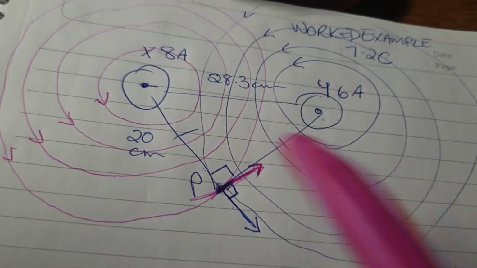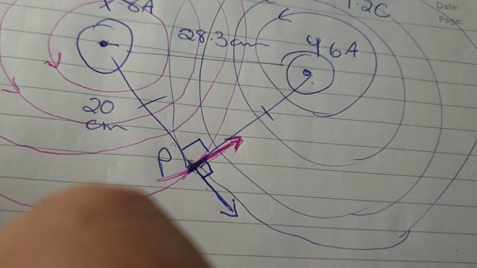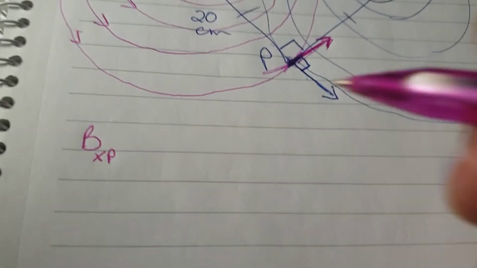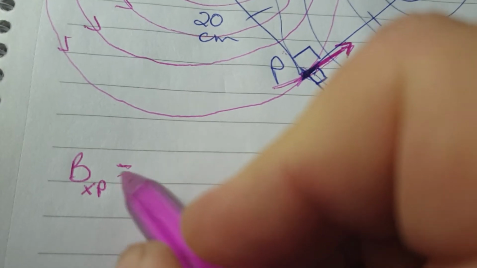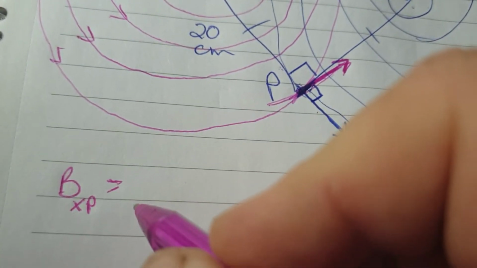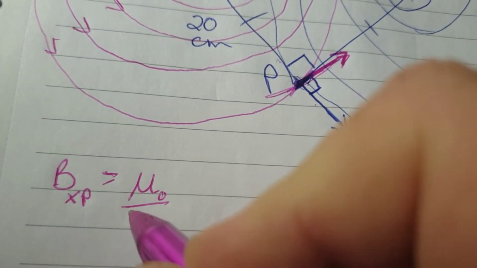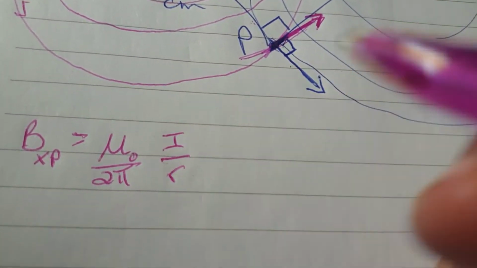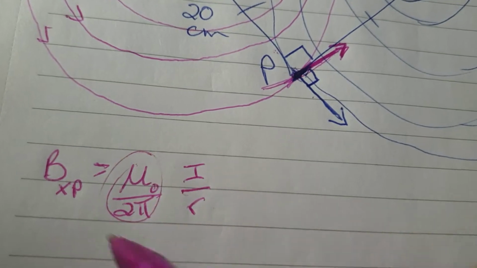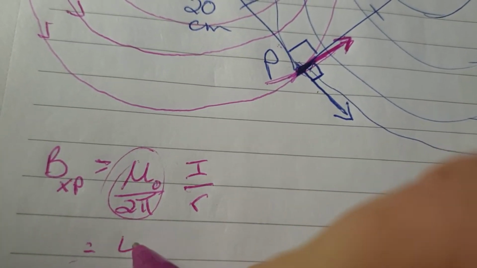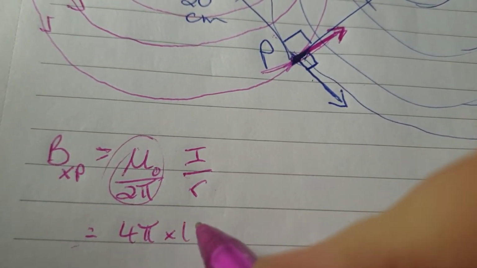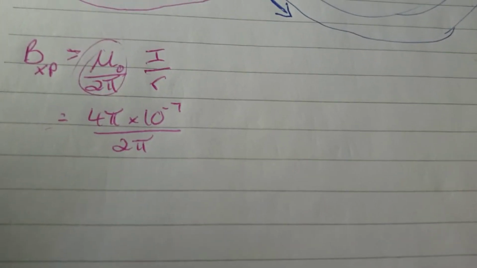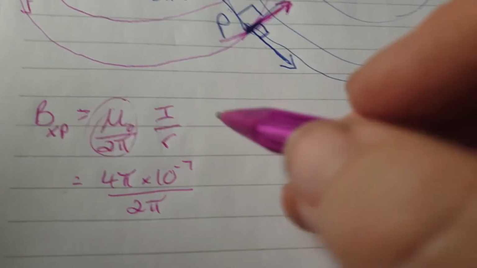So if we look at the magnetic field of X at P, it's got this stupid constant, I on R. This is equal to 4 pi times 10 to the negative 7 on 2 pi. Why on earth would you ever write it that way?